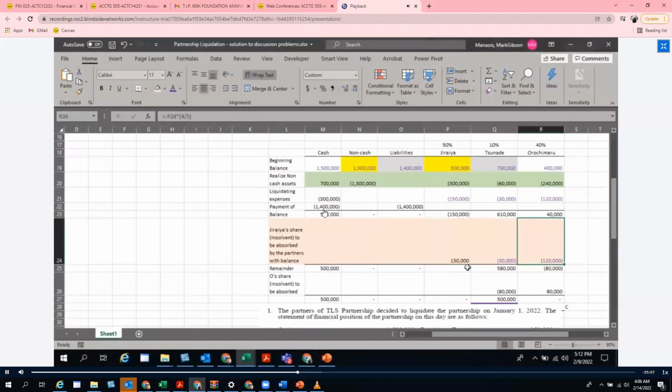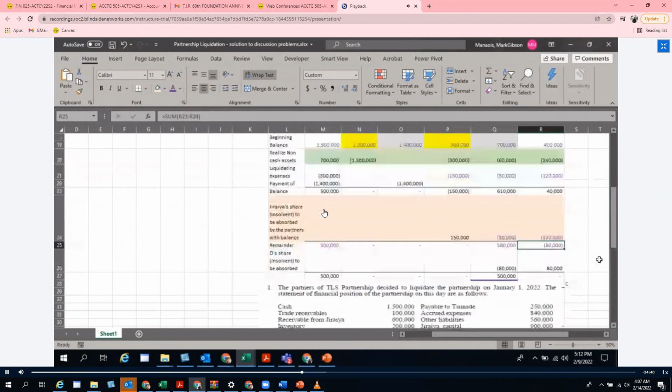Kunin ulit natin yung remainder. So, pansin mo, zero na si Jairaya. So, the 150,000 debit balance on his account was absorbed by the remaining partners. So, the remainder, we have 500,000 pesos cash, zero to Jairaya, and then kay Tsunade, we have 580,000. And kay Orochimaru, meron tayong 80,000 minus ulit.